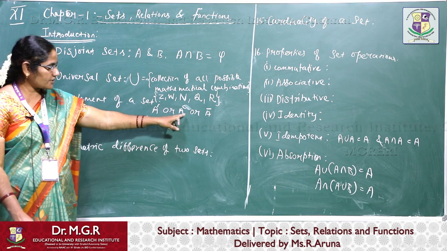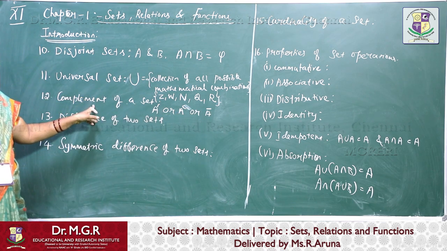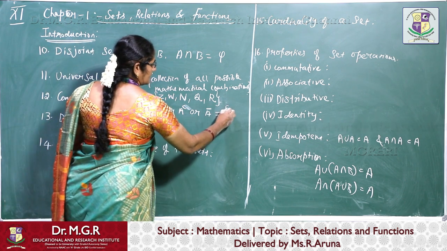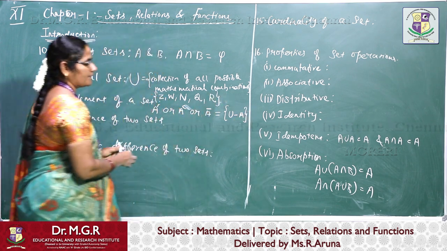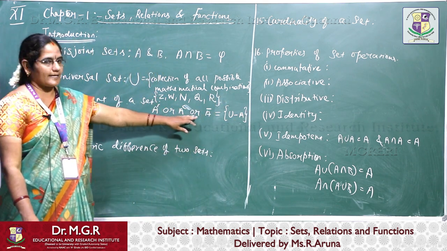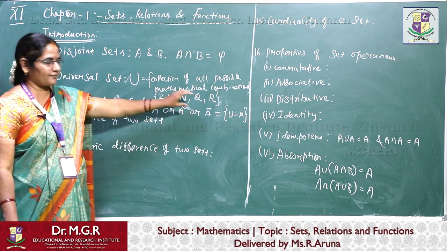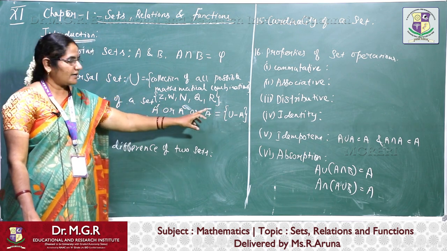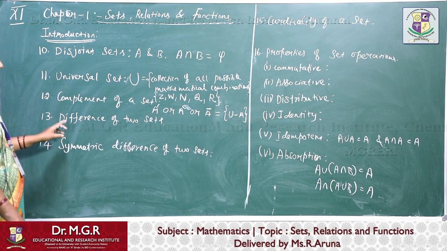All the three notations can be used for defining complement of a set. It is nothing but U minus A. That means all the elements of A should be deleted from the universal set, then the remaining elements in the universal set is called a complement of a set.